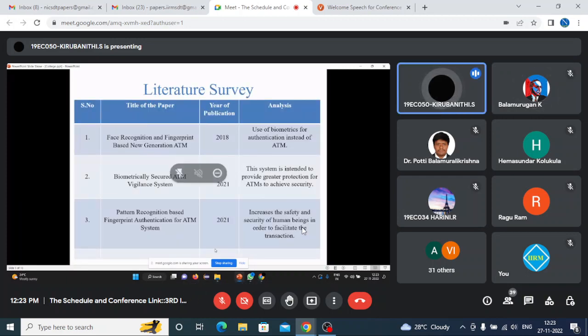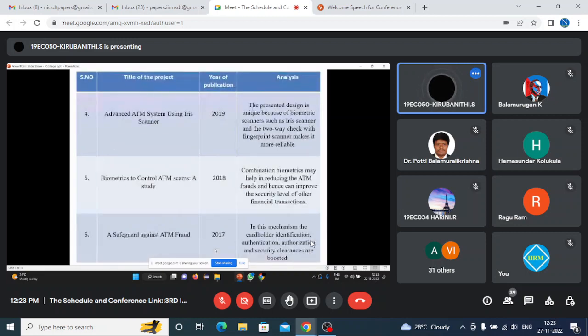For the first section of the literature survey that I examined, the use of biometrics for authentication is preferred in ATMs. In the next section, this system is intended to provide greater protection for ATMs to achieve security. Then the third section increases the safety and security of human beings in order to facilitate the transaction.